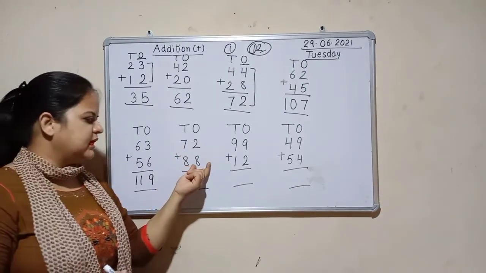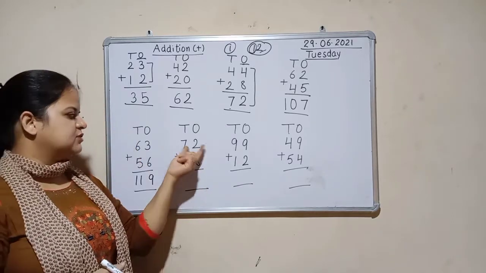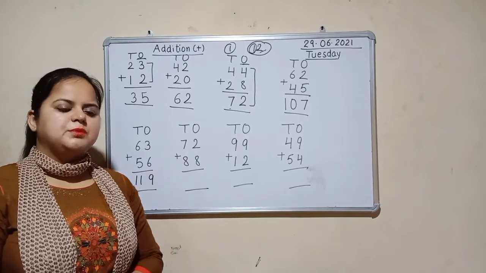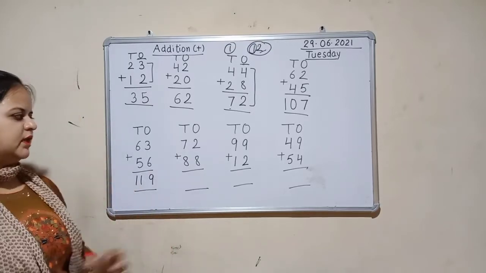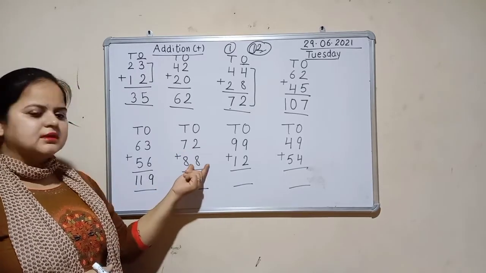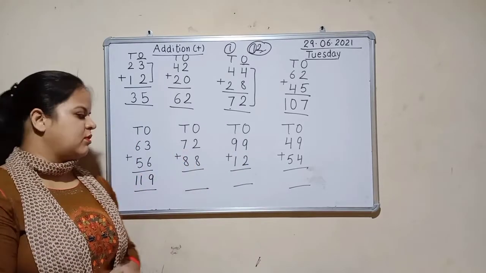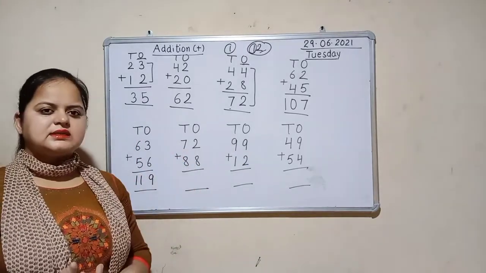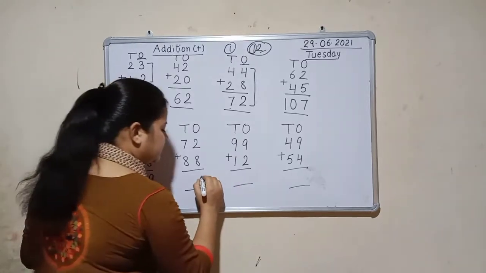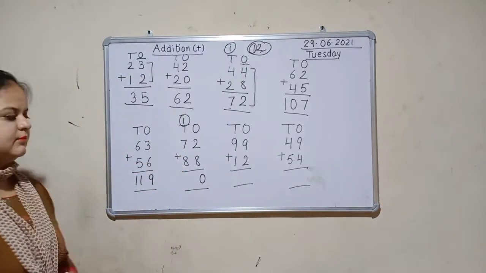Now we will keep 8, that is a bigger number, in mind and speak the forward counting till number 2. 8, 9, 10. 2 numbers forward from 8. So we will write 0 here and 1 as carry.